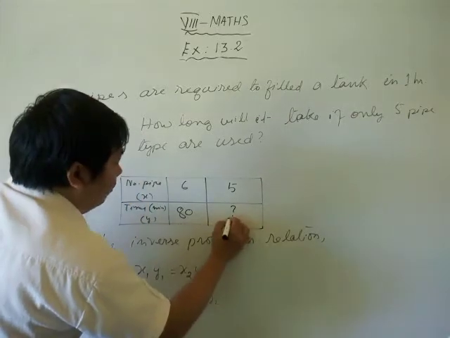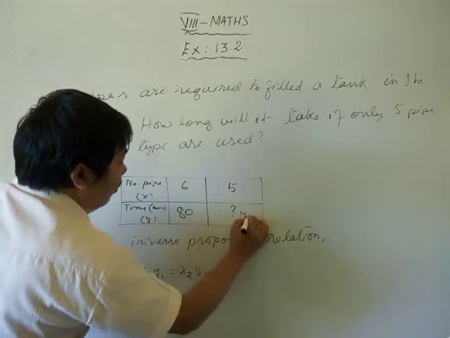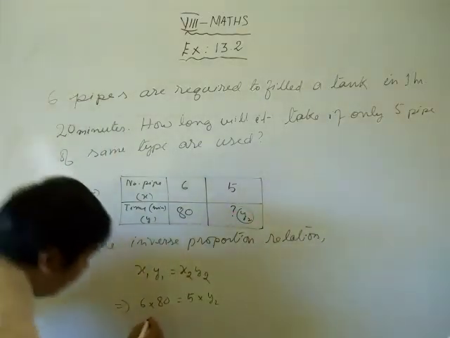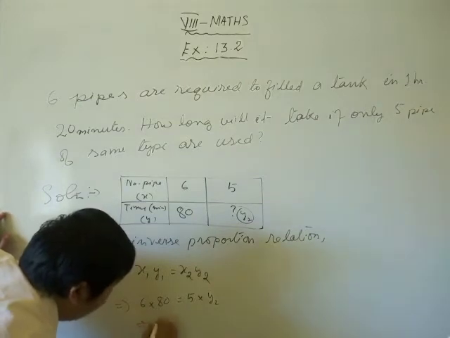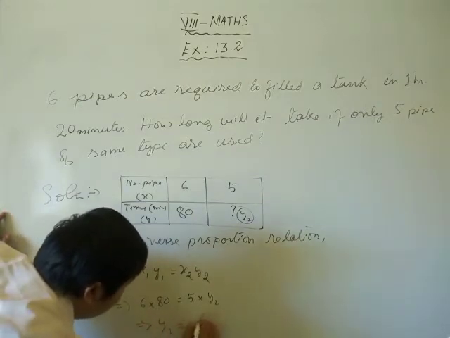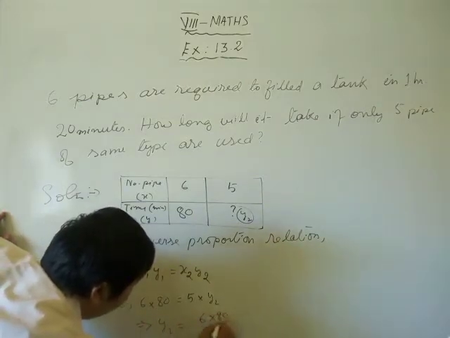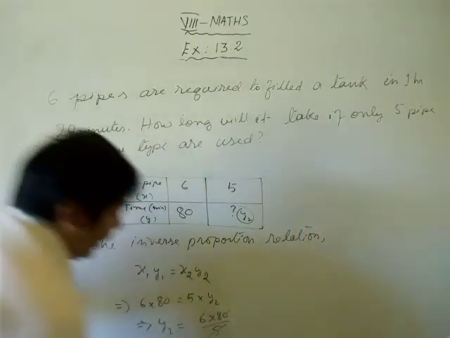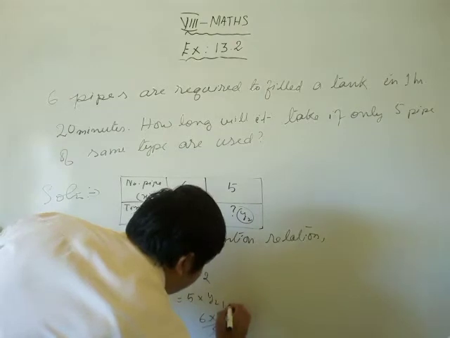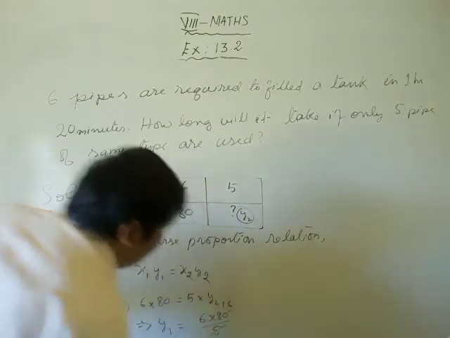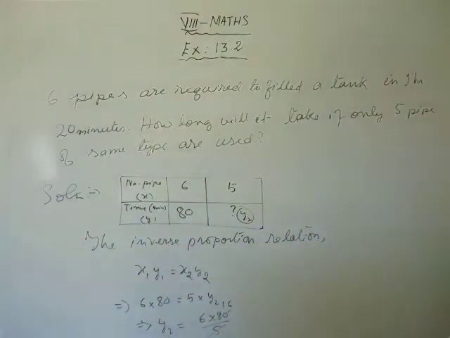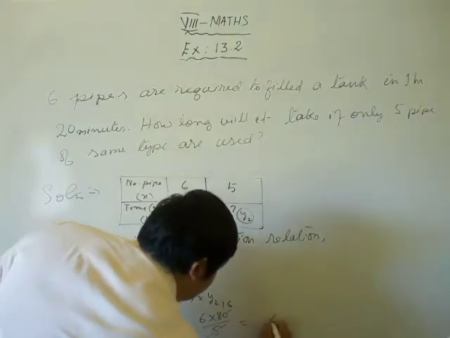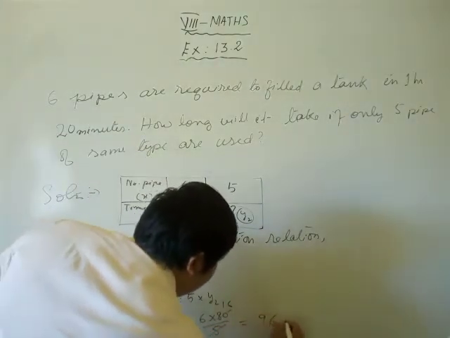Now we are going to find out this y2. So y2 is equal to 6 into 80 divided by 5, right? Yes, 5 1 is 5 and 5 6 is 30. Now we have 6 into 16. 6 6 is 36, so we have 96. So 96 means.